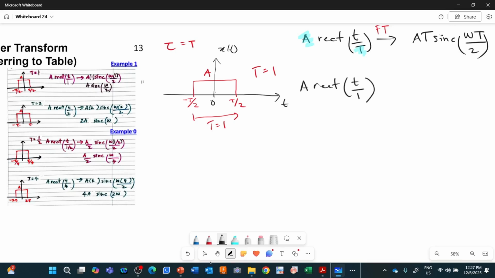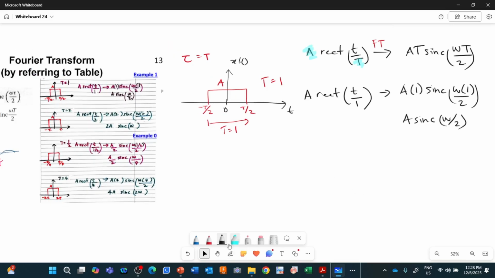Substituting the T value: A, T is 1, sinc(omega times 1 over 2). So you get A sinc(omega over 2).